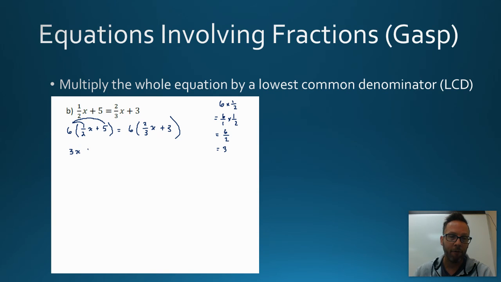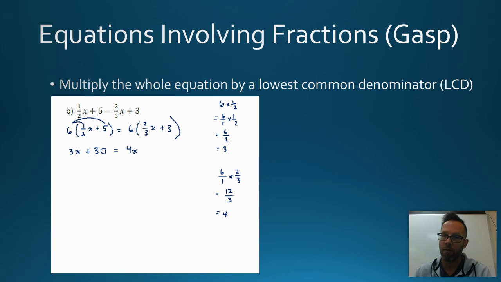6 times 5 is 30. So no more fractions on the left, and look what happens on the right. 6 times 2/3. What's 2/3 of 6? Well, it's 4. We're left with 4x. How did I get that? Just for this one, I'll show: if we do 6/1 times 2/3, multiply the tops, 12, multiply the bottoms, 3, we get 4.